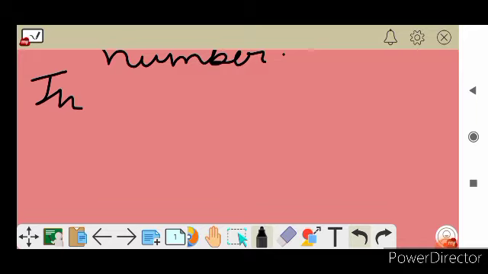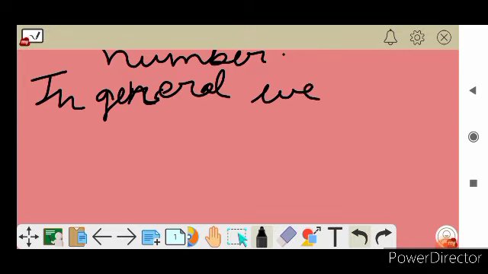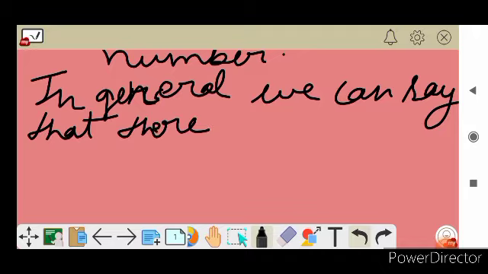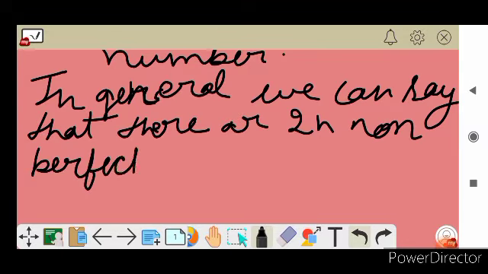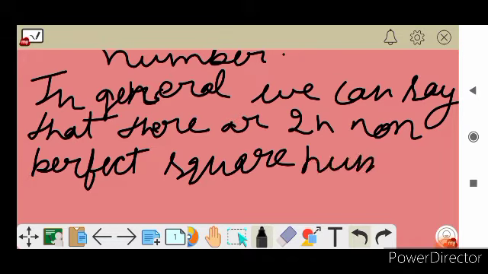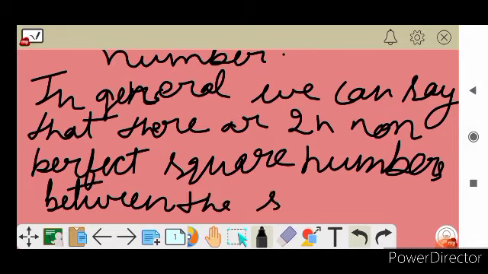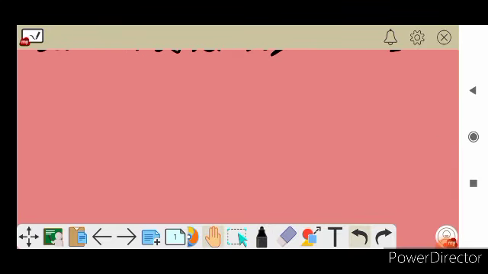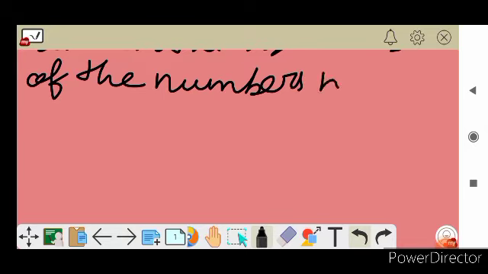In general we can say that there are 2n non-perfect square numbers between the squares of the numbers n and n plus 1.